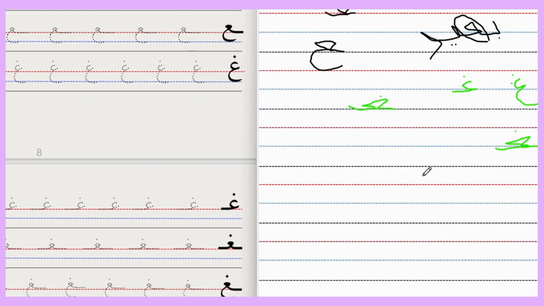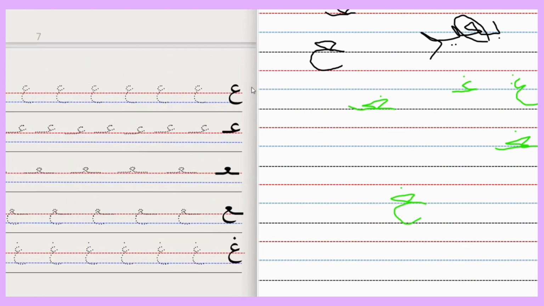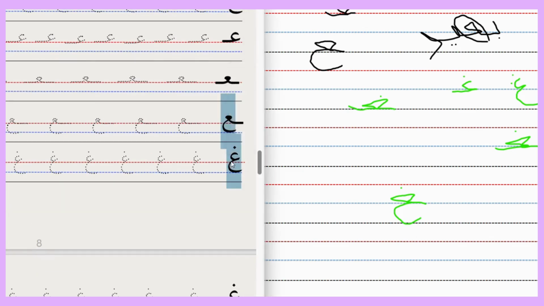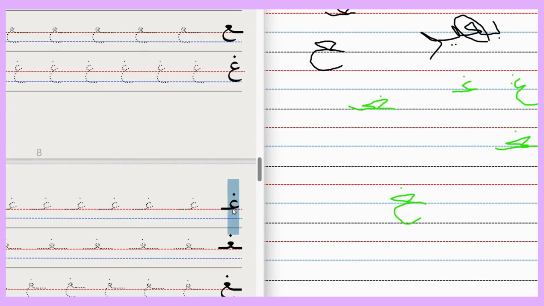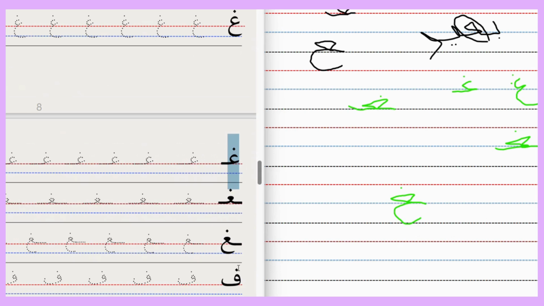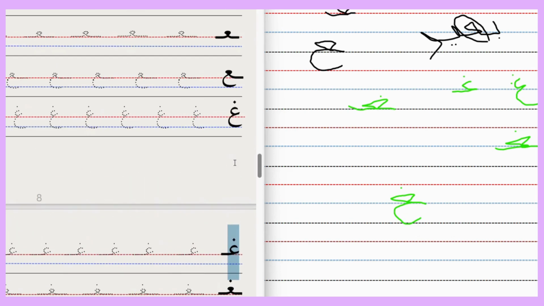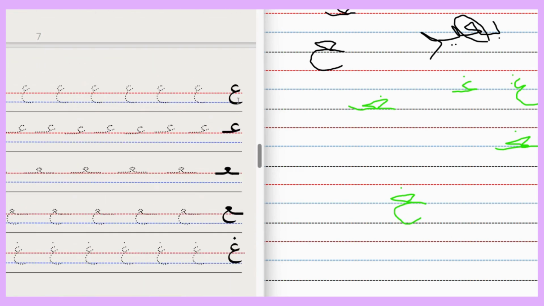And the last one here, again, like a triangle and like this. That is Ghain. So one last point. So this letter is called Ain in different forms, and Ghain in different forms. So Ain and Ghain. Okay.